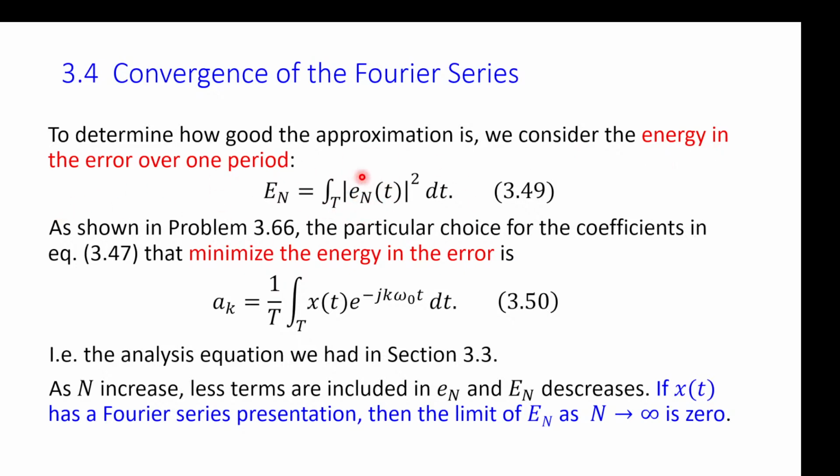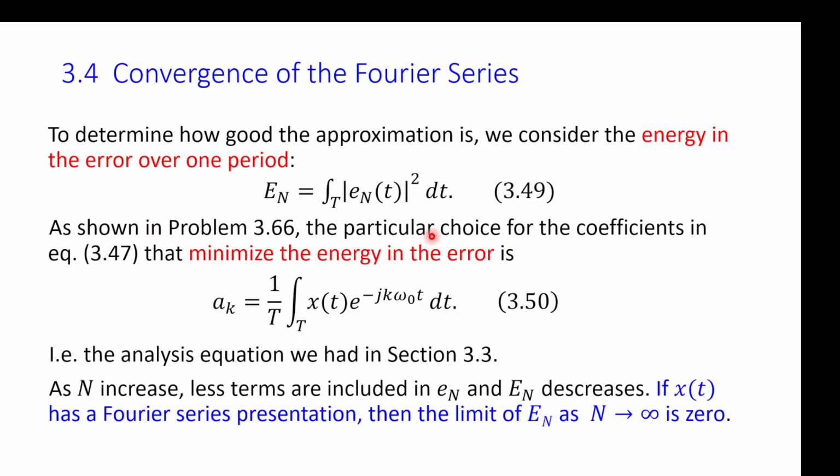We usually think of a signal as either voltage or current. So when you square it and integrate over one interval, that's proportional to energy. So this is the thing we actually care about in this class.